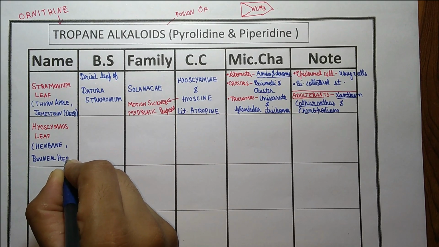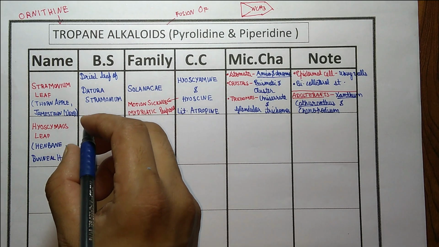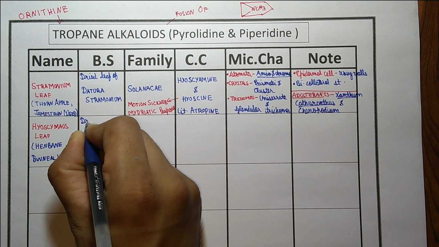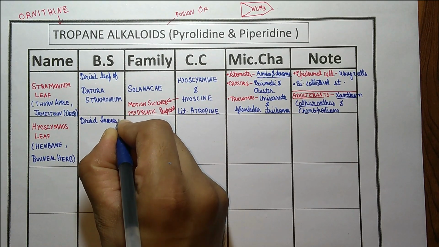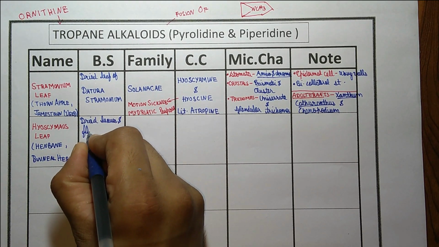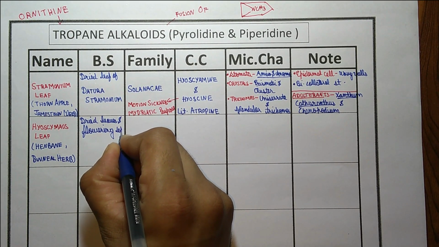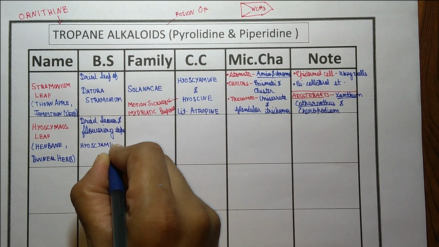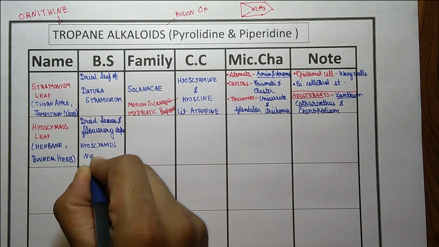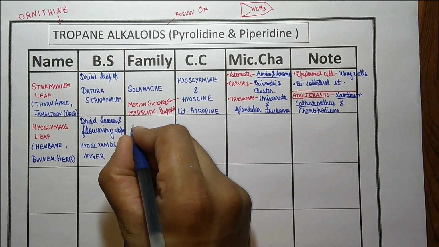Now coming to its biological source: dried leaves and flowering tops of Hyoscyamus niger. And its family is the same, Solanaceae.